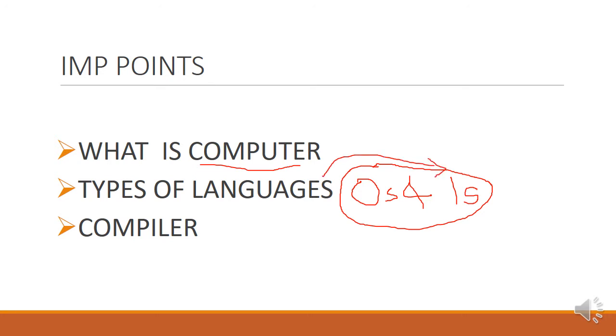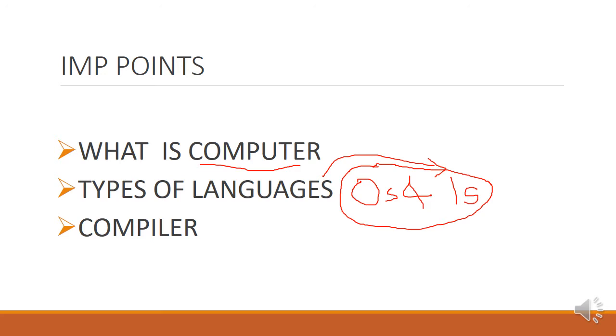Then we will come to the types of languages. Actually, we have mainly 3 types of languages. Okay, in that the first one is the binary language, also called the machine level language. The second one is the assembly level language, and the third one is the high level language.